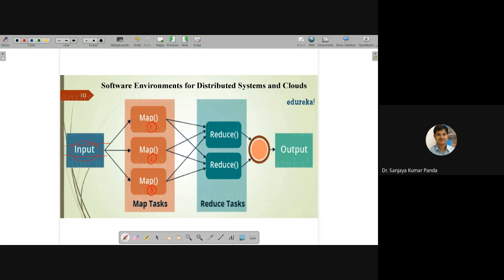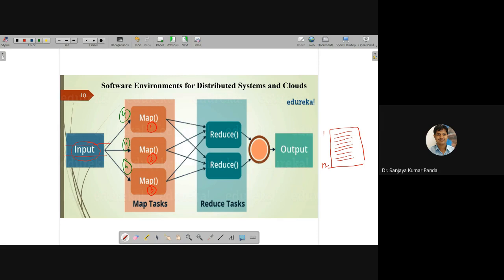For example, assume that you have a text file. In that text file, you have a number of sentences. Let's say 12 sentences, I'm giving a random example. I have three map functions, so I'll give each map function 4 different lines, so that the map function can generate a set of intermediate key and value pairs.